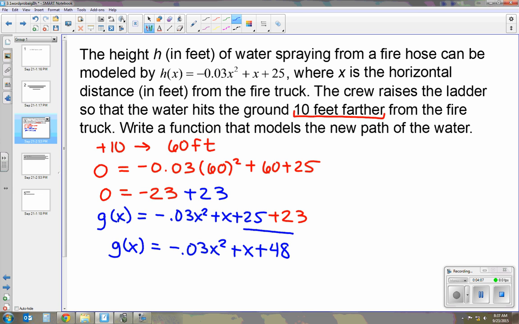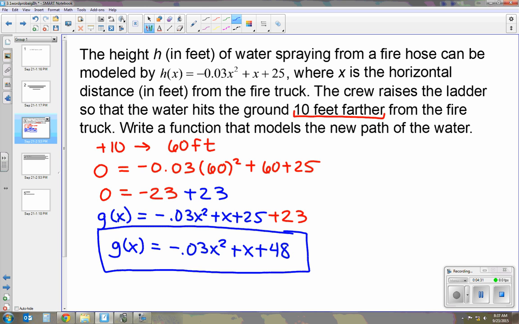And that is our new function. You can always go back and plug in 60 for the x's and see if it equals 0 to see if you've got the correct answer. Or you can plug it into your calculator and graph it and see if the x actually lands at 60, and that means at 0 feet it will land 60 feet away from the fire truck.